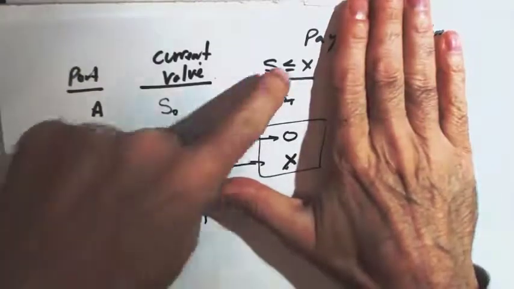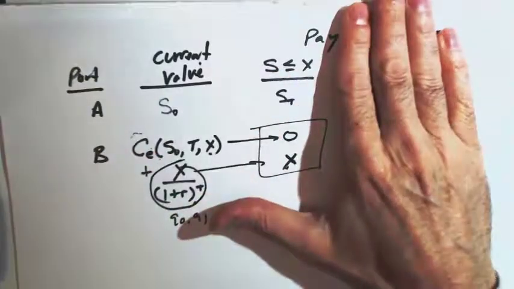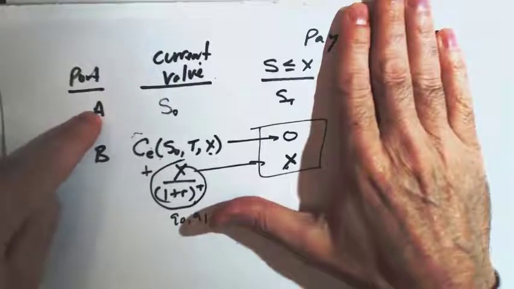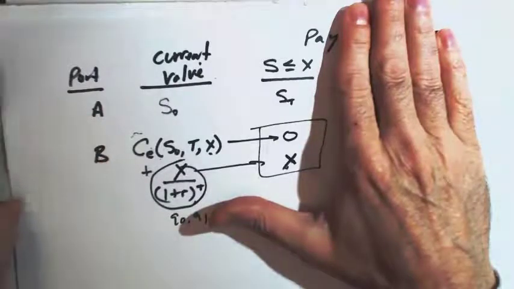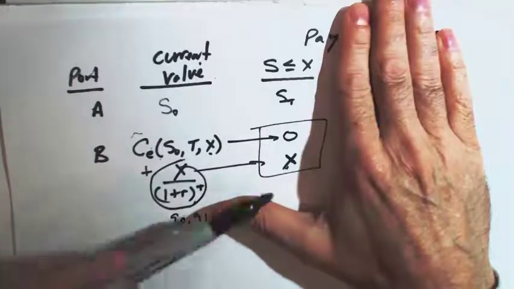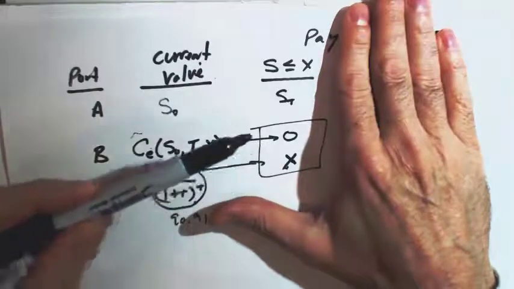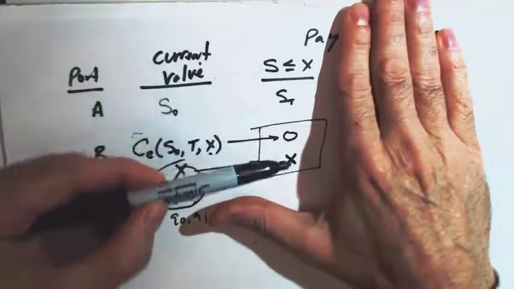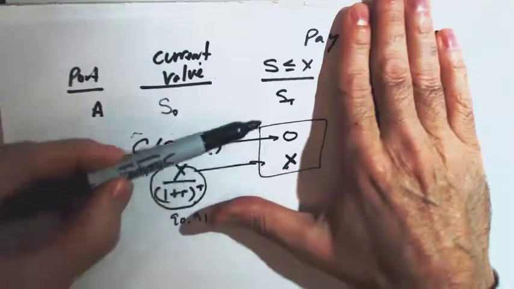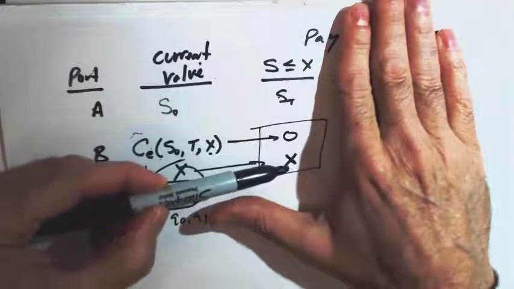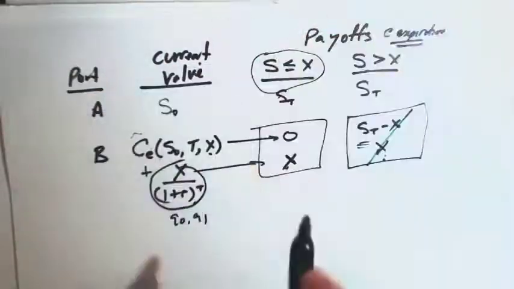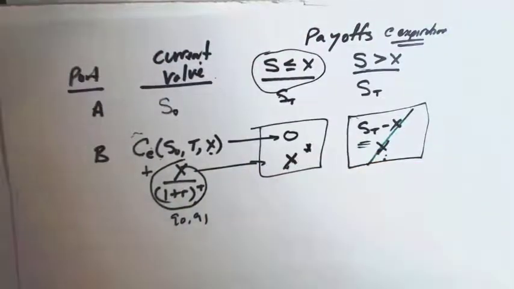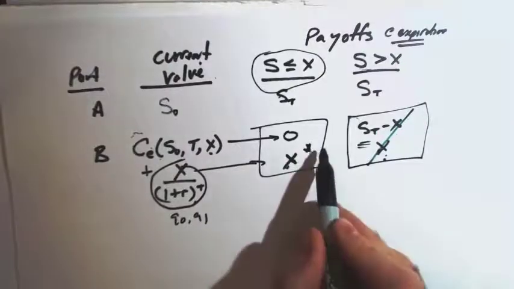In the case of the option being out of the money, which is better, portfolio A or portfolio B? Well, if you look at this, the winner is portfolio B because X is greater than the stock price. So compare this to this. According to the setup here, B is the winner in this scenario.